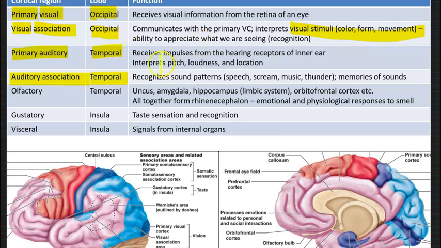Your association cortex recognizes the patterns of the sounds. If you are on the phone with someone, you can recognize this person's voice. I can't, but people can recognize the sounds that birds make. Sure, that's your association cortex.